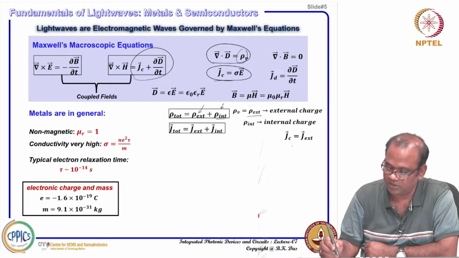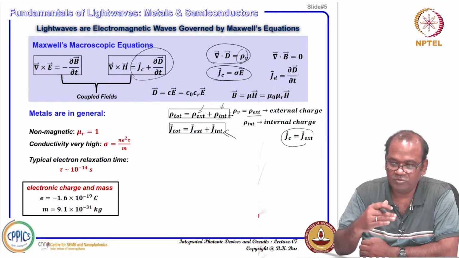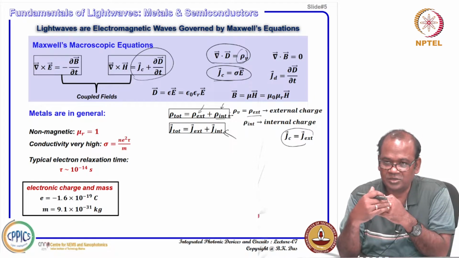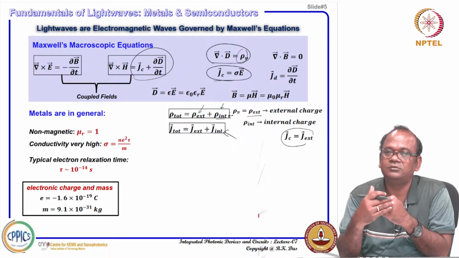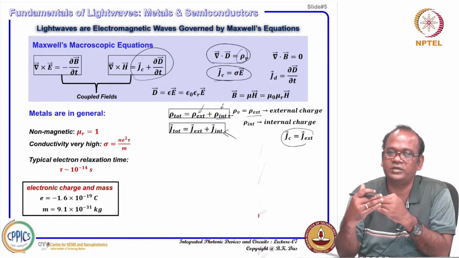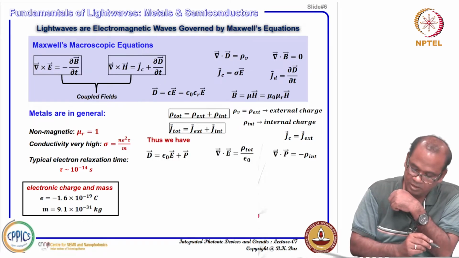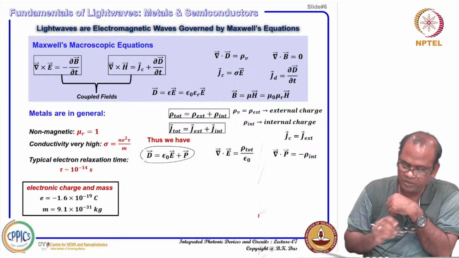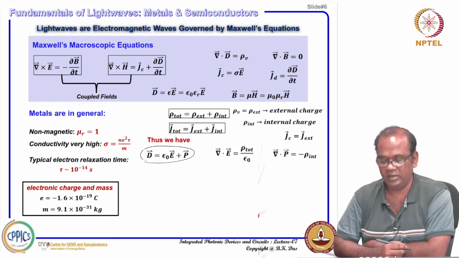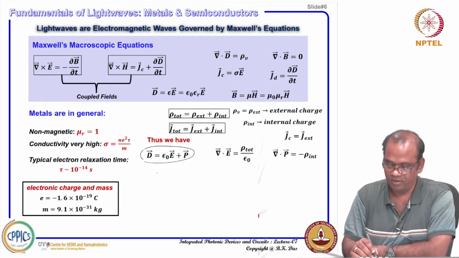Typically JC we think of as J external, and we are just adding the internal part. So for semiconductors and conductors, there are two parts of charge density when an electromagnetic wave is propagating: one external and another internal.